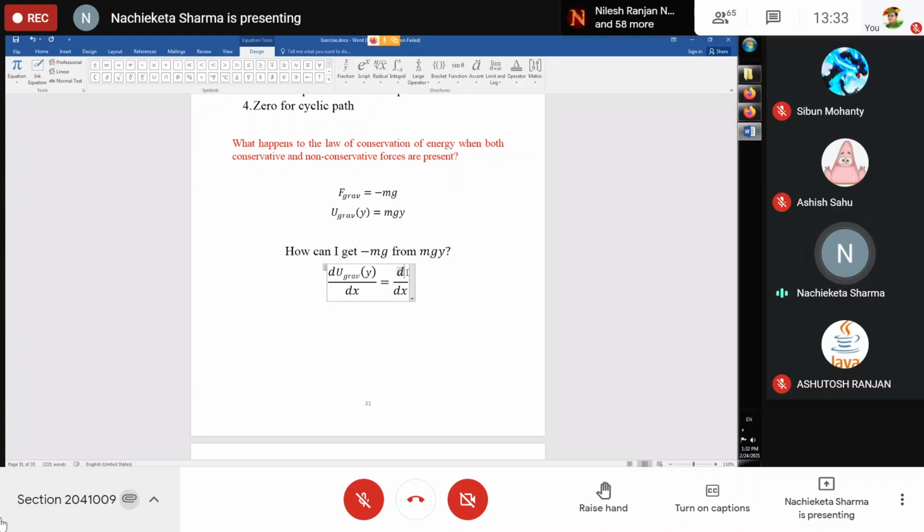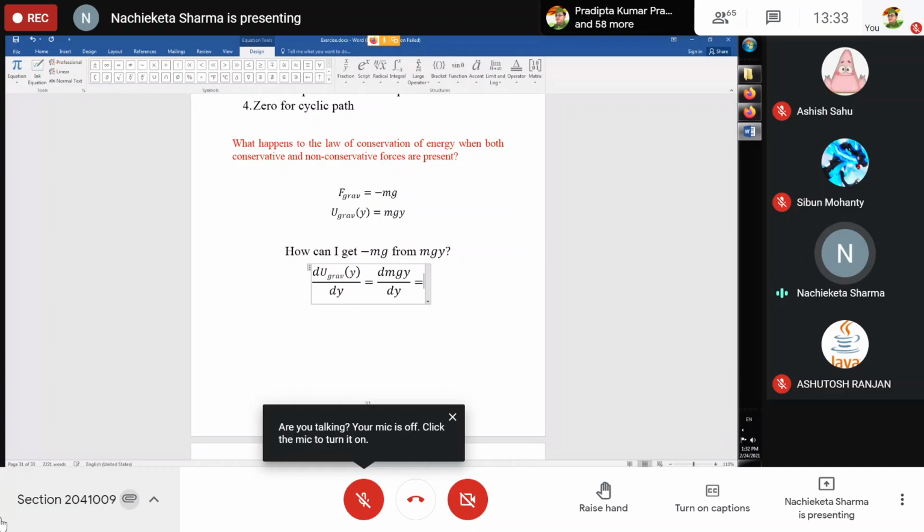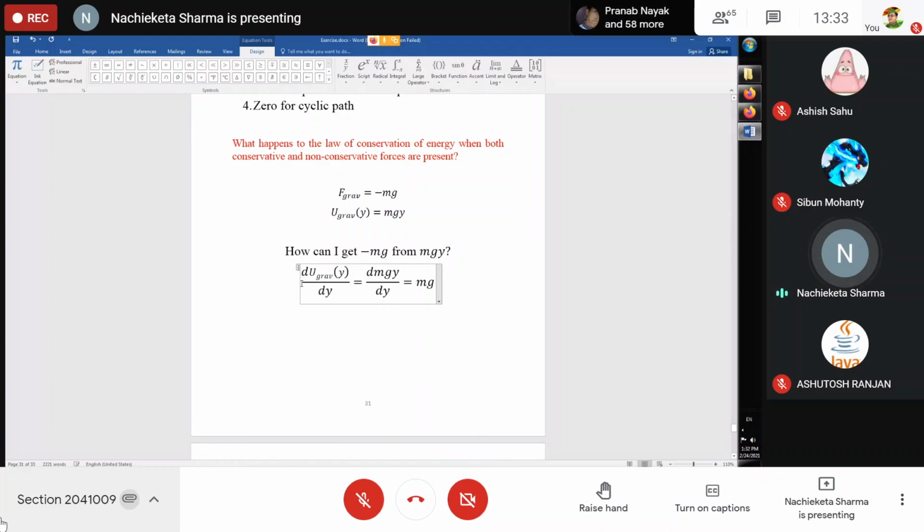I'll write mgy, and I will differentiate with respect to y. Okay, this is also with respect to y. So finally, I will be getting mg. And you are correct, I am not getting minus mg. So what I will do, I will take a minus sign. So there will not be any problem, and I will get minus mg.